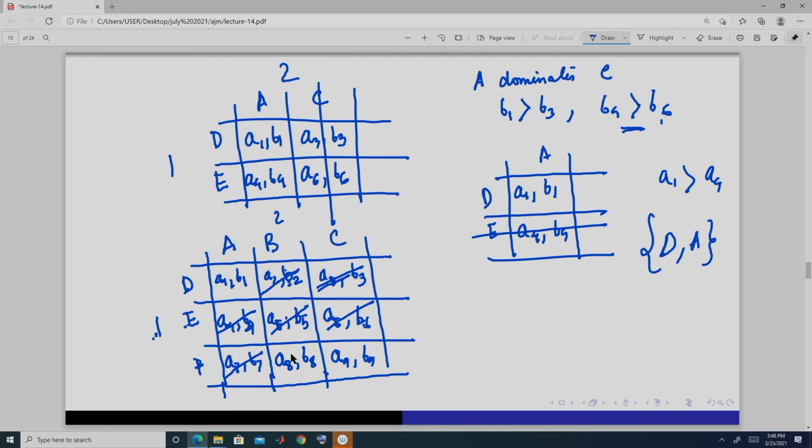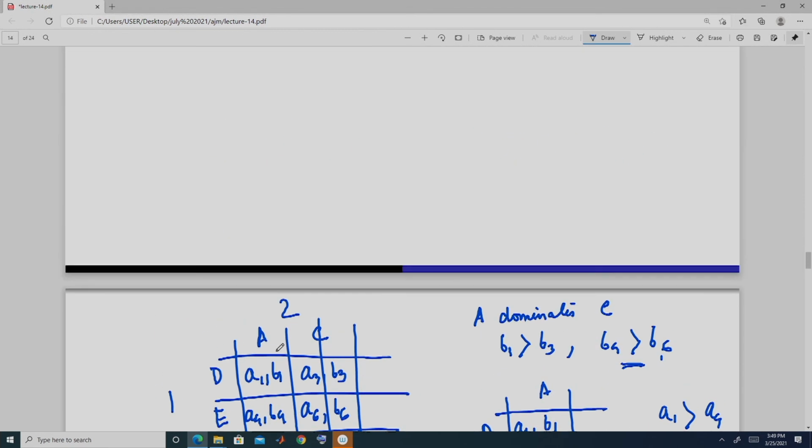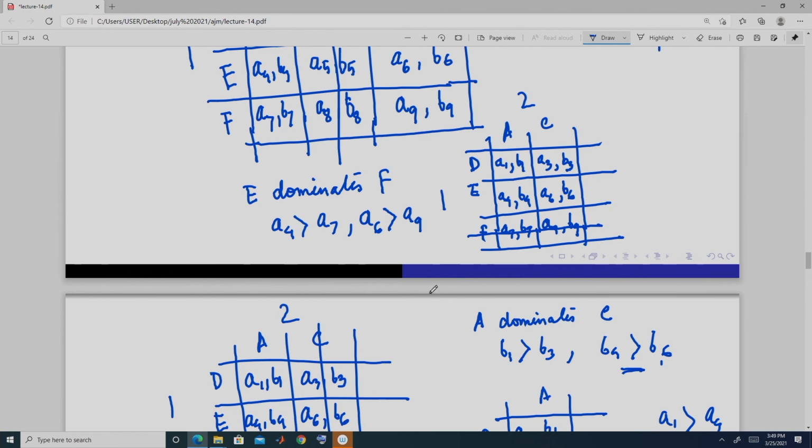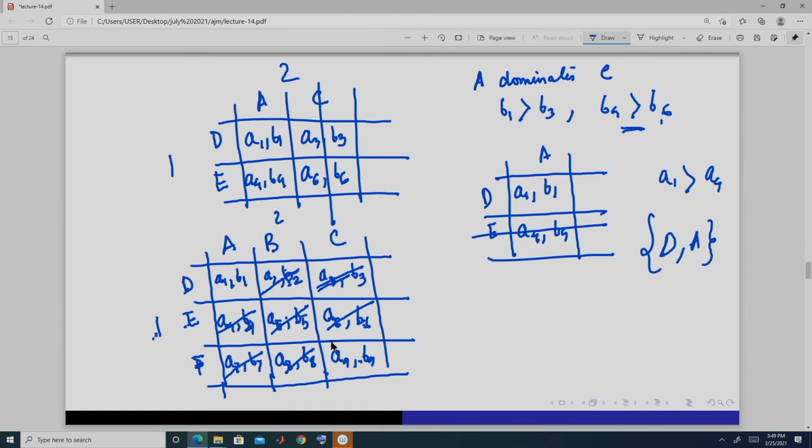Now, here if player 1 chooses F, we know B9 is greater than B8. So, if it chooses this, from here we know that A6 is greater than A9. So, it will deviate to this, and again this is not a Nash equilibrium. So, this has a unique Nash equilibrium, and this outcome is A, D.